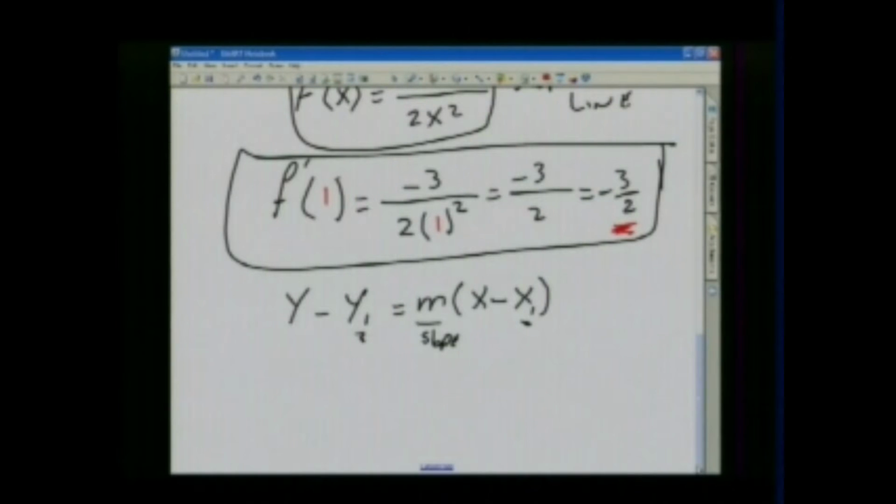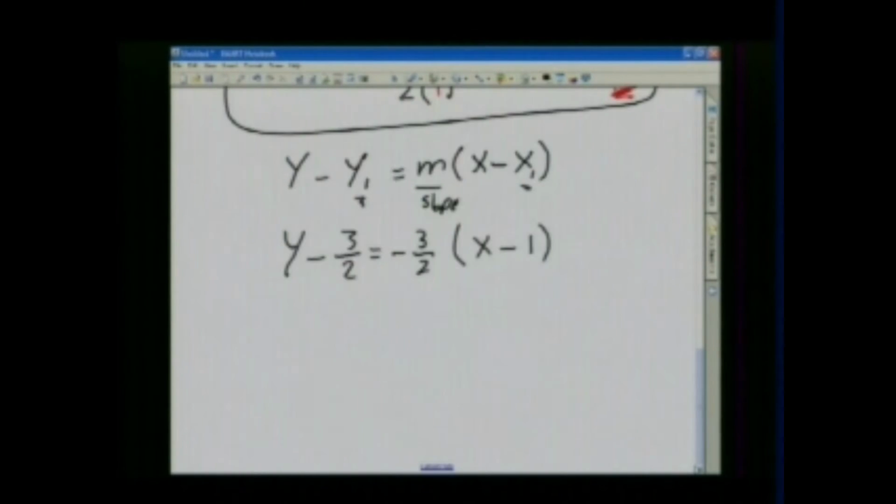So this would be y minus y1, which is 3/2, correct? Equal to the slope, which we found to be minus 3/2. It's just a coincidence that the numbers are the same. Times x minus x1, again given in the problem, which is 1.